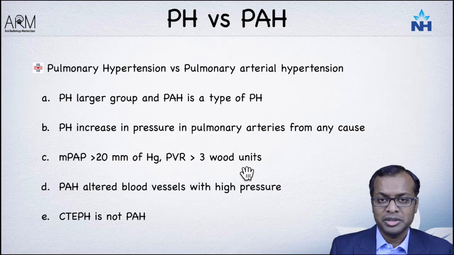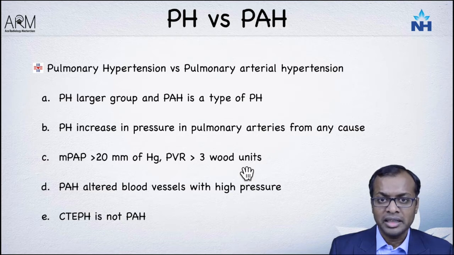Pulmonary arterial hypertension, on the other hand, is a subclassification or one of the etiologies of pulmonary hypertension whereby there is abnormality of the pulmonary arteries, where there is thickening and hypertrophy of the pulmonary artery muscle, which leads to increased pressure, and that leads to pulmonary hypertension. So, pulmonary arterial hypertension is a pathology at the level of the pulmonary arterial wall, which leads to pulmonary hypertension.